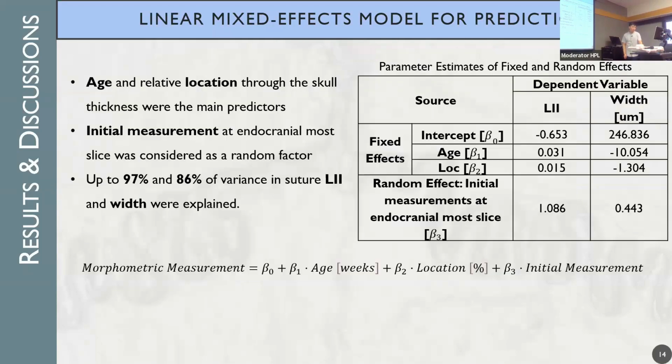As for the mixed effects model, we were able to explain 97% and 86% of the variance in suture LII and width. So basically with this predictive model, we're able to tell how the suture will change based on the initial suture measurement.